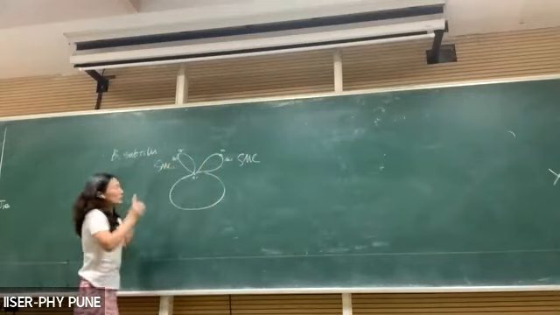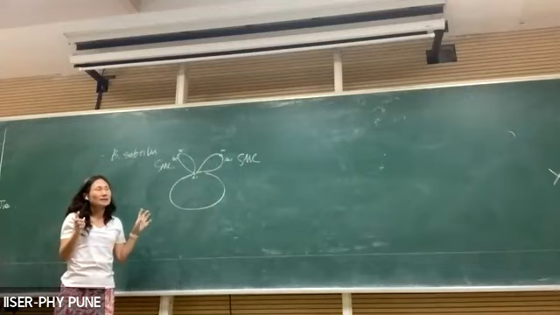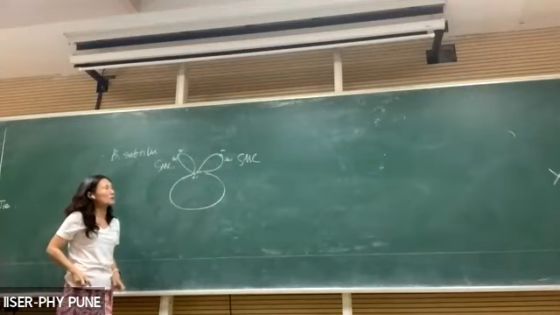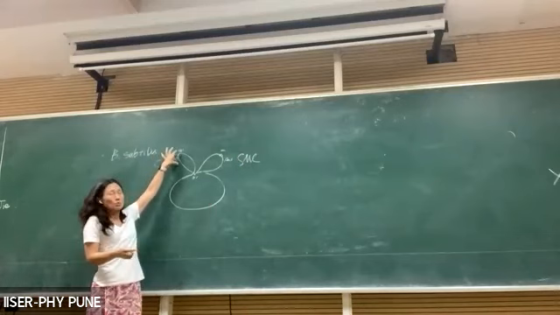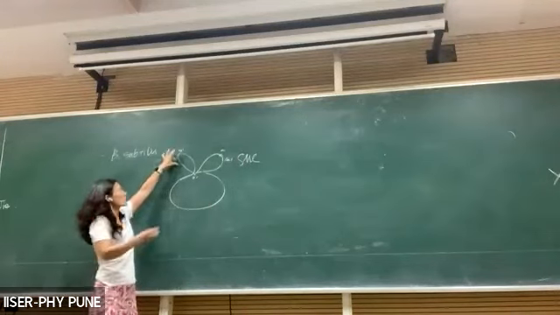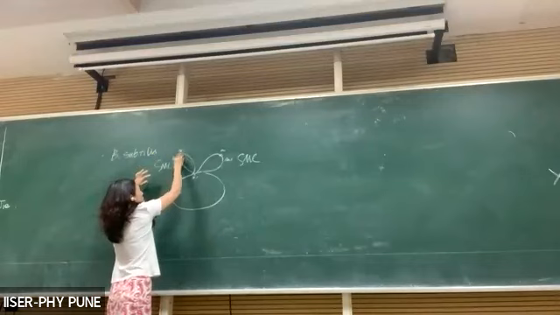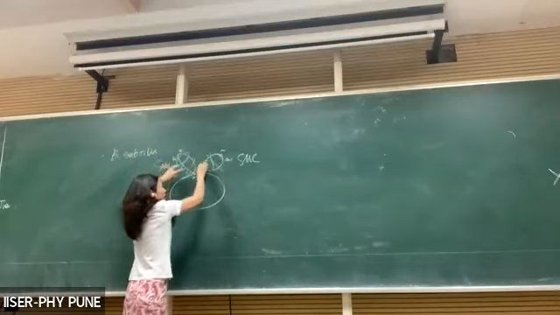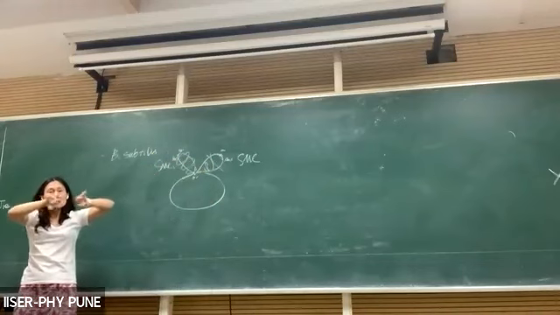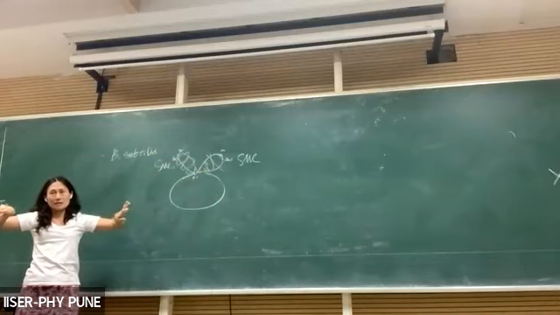Now, what's being proposed? People model this whole concept. What's being proposed is that as soon as those sites are exposed, the SMC just comes in and starts zipping up. And this zipping up motion is the one driving the segregation.